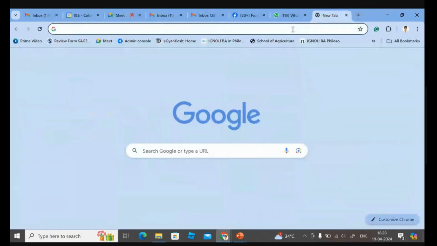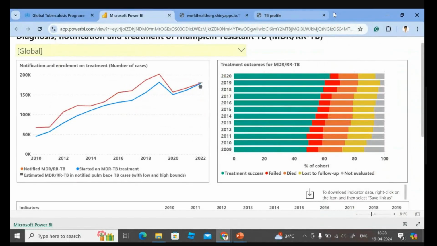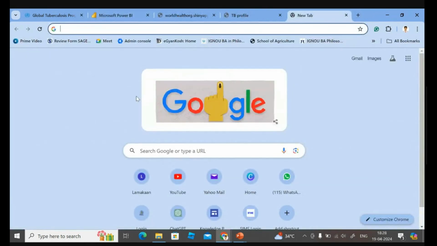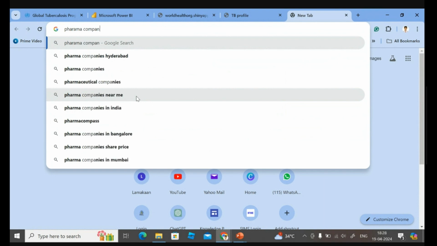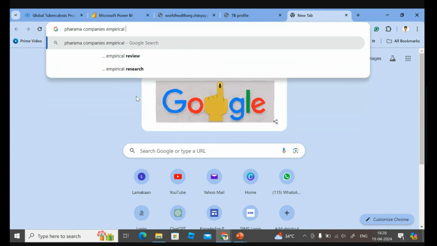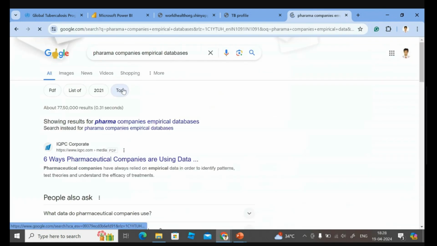So you can always go to, let's do something, pharma companies empirical data, databases of data, right? So they are doing it.